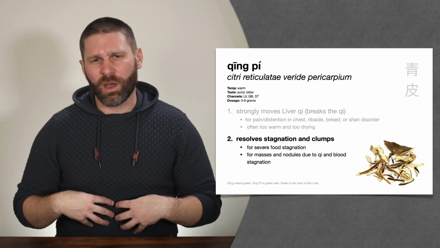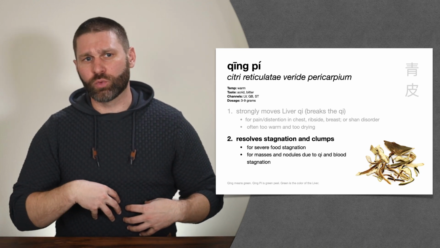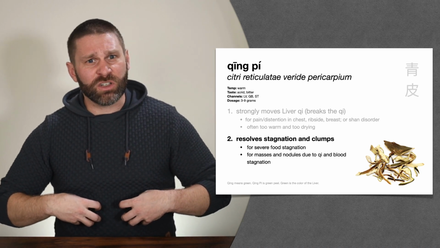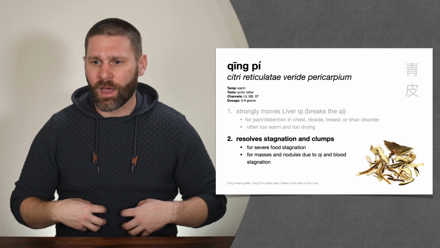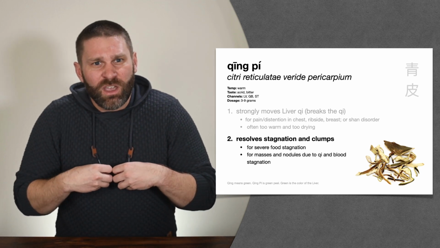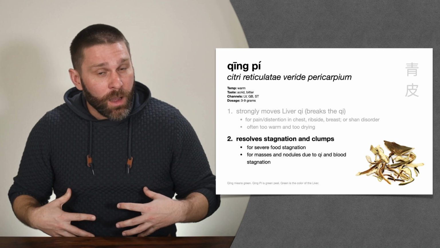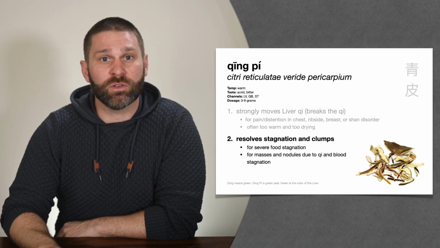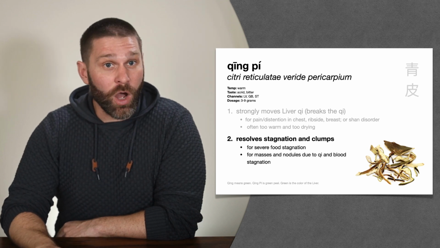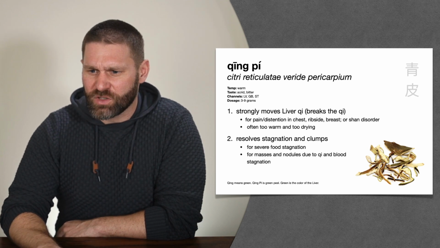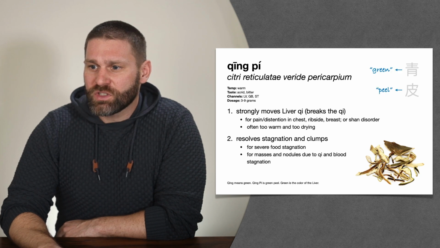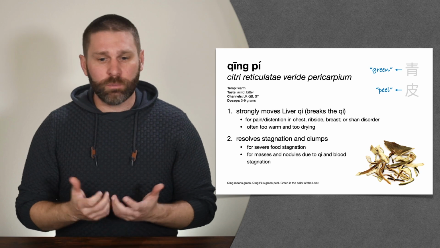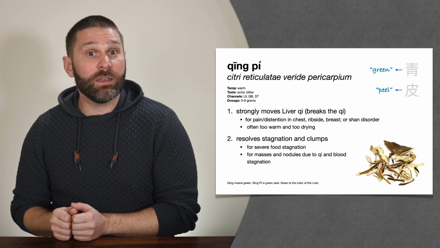This is something we'll talk about a little bit more in the regulate blood category, that qi and blood stagnation can cause certain nodules to form, especially in the abdomen, and so Qing Pi, because it breaks the qi, can break up those clumps and masses. So that's another action of Qing Pi, referring to its strong action of breaking the qi. And so Qing Pi, the name means green peel. Qing is a color that means green.